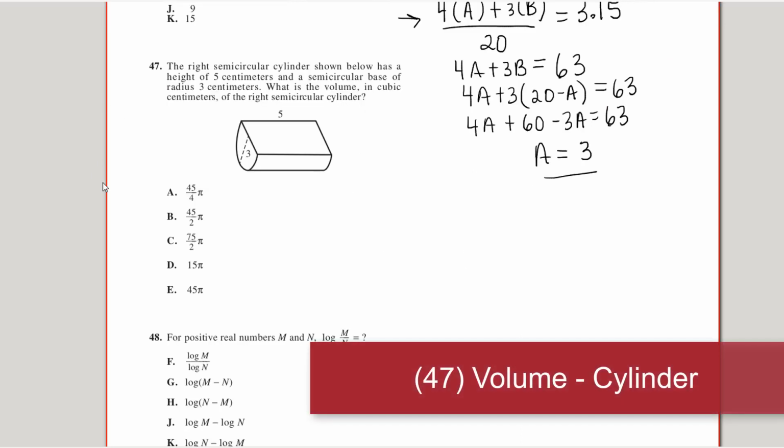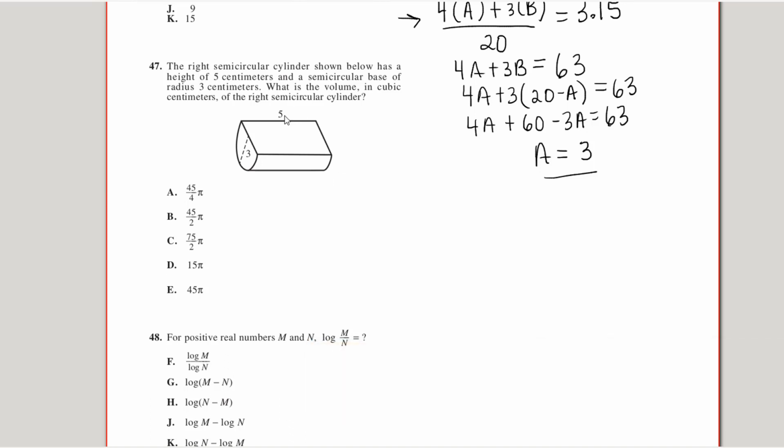Question 47 says that the right semicircular cylinder shown below has a height of 5 centimeters and a semicircular base of radius 3 centimeters. What is the volume in cubic centimeters? Our units look good. We're in centimeters here and centimeters here. What is the volume of the right semicircular cylinder?